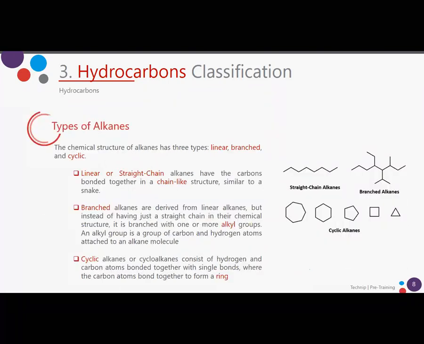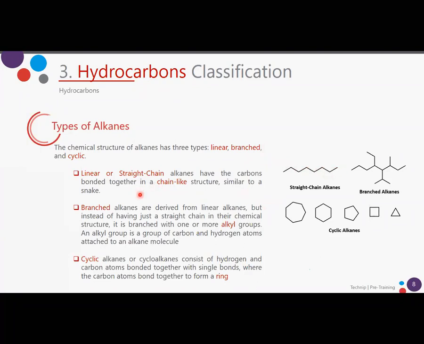So we have different types of alkanes. We have the linear or straight chain that have the carbons bonded together in a chain-like structure, similar to a snake that we saw here.